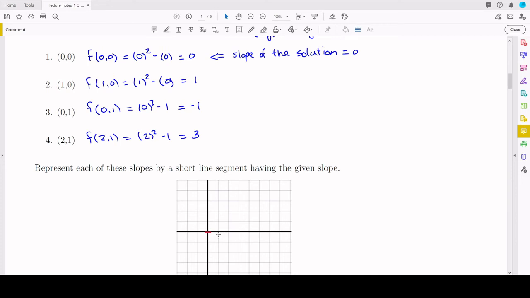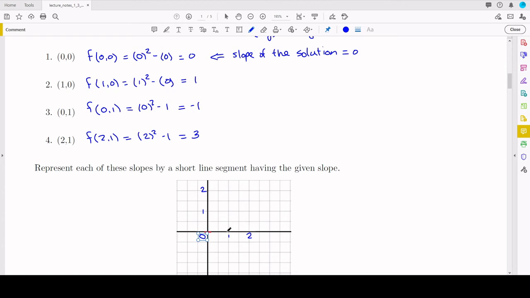let's actually do the following. Let's call this the origin. Let's call this 1 and this 2, so that it's less cluttered.